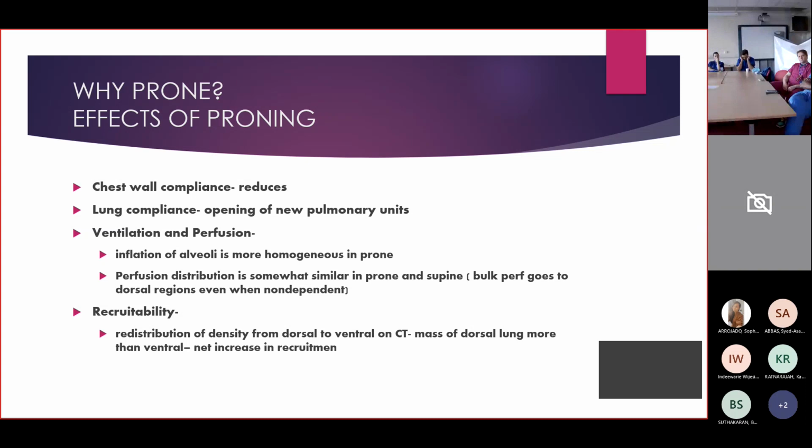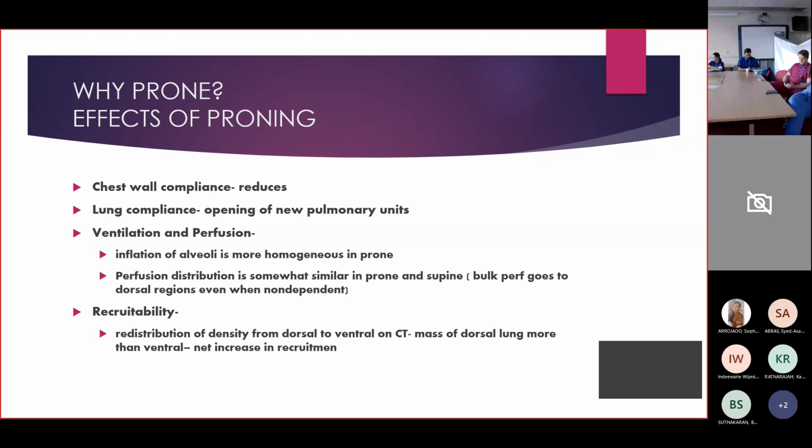The next is the ventilation perfusion matching. When you put the patient in prone position, the ventilation of the alveoli is more homogeneous. When you look at the distribution of perfusion, there is more perfusion in the dorsal or posterior aspect compared to the ventral aspect.